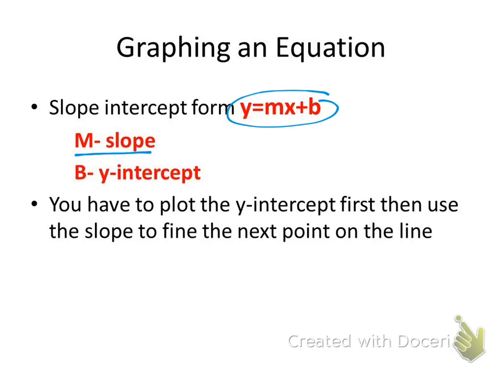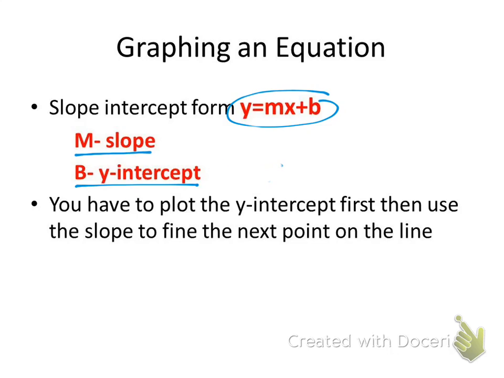And the letter b in this equation represents the y-intercept. Now, in 2 examples ago, we learned how to find the y-intercept. We just plugged in the 0 for x and solved for y. And we said the y-intercept is where the line crosses the y-axis. That's all that the y-intercept is, okay?